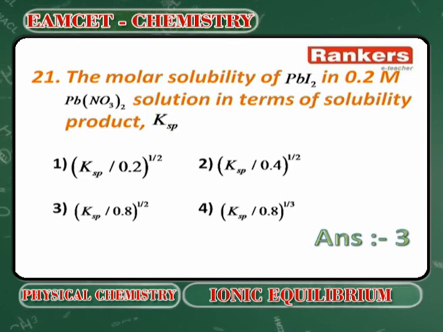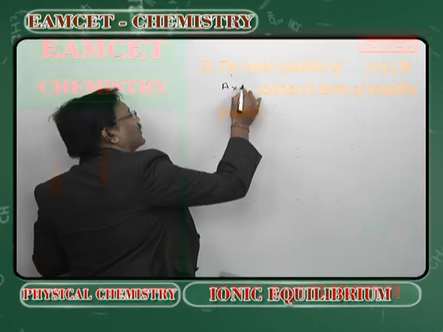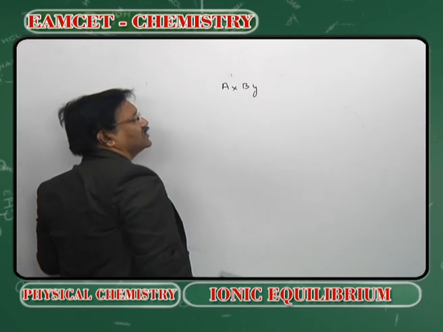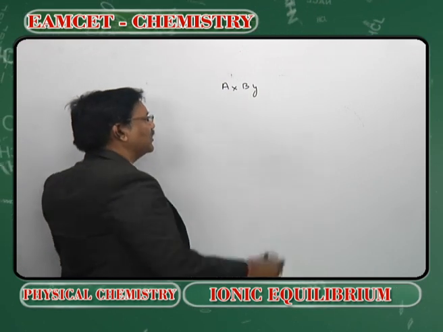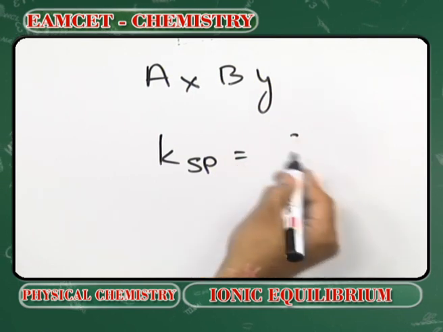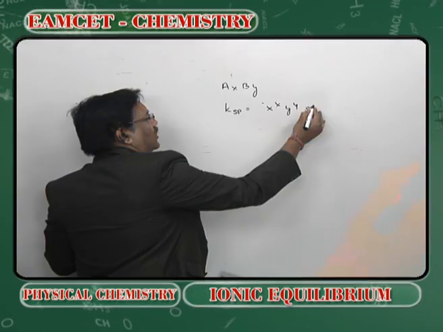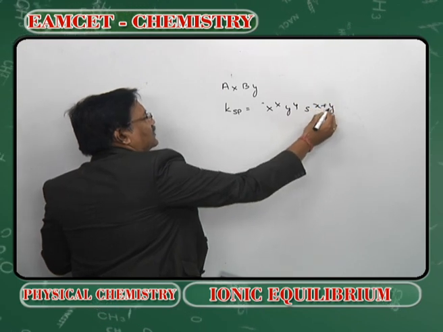Now what is the expression for PbI2? For a general salt of AxBy type, Ksp will be equal to x to the power x, y to the power y, S to the power x plus y.